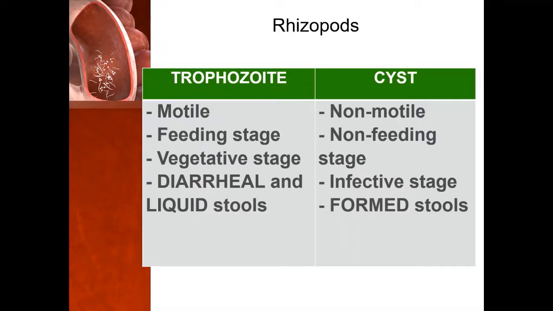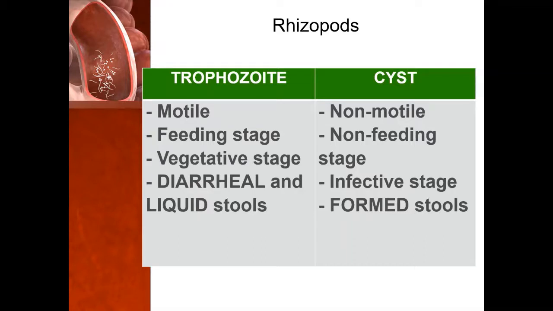They are circular, spherical in nature. Another difference, the trophozoite is the feeding stage, while the cystic stage is the non-feeding stage. The trophozoite is the vegetative stage, while the cyst is your infective stage.